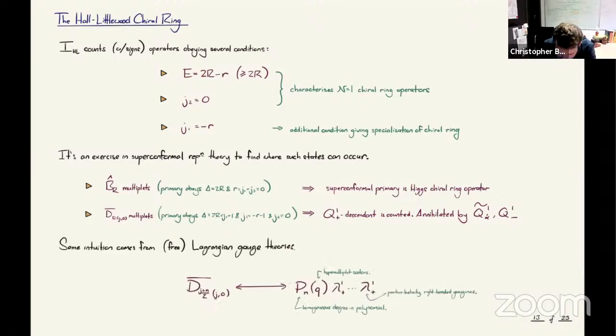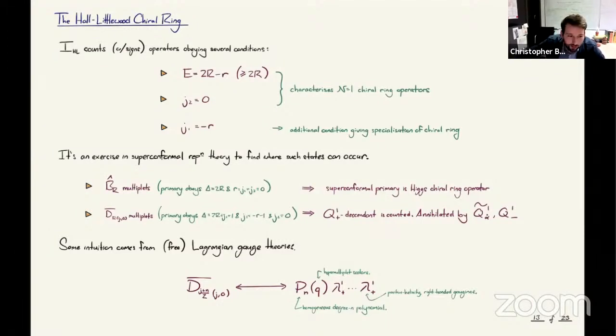And okay, there's not much you can do with those names if you're not already into that sort of thing. So you get some intuition from looking at free Lagrangian gauge theories, where the things that give you these D-bar multiplets are precisely composite operators that you'd be able to build from the hypermultiplet scalars. Those were the things that would give me Higgs branch chiral ring operators, as well as particular components of the gauginos, the right-handed gauginos that live in the vector multiplet.